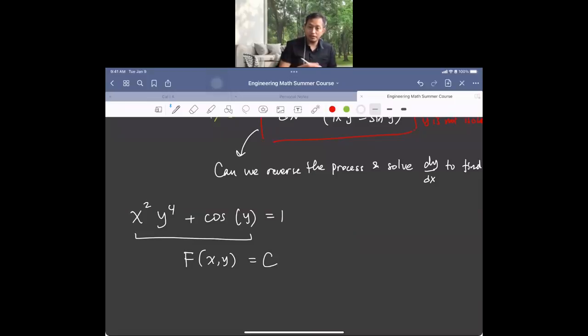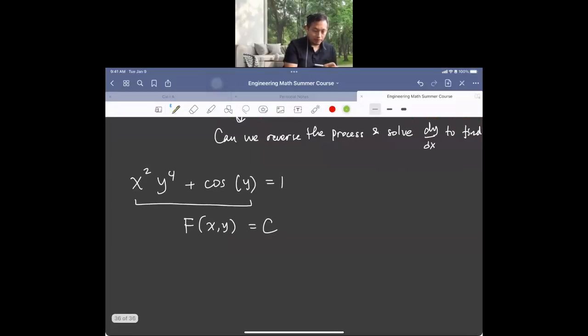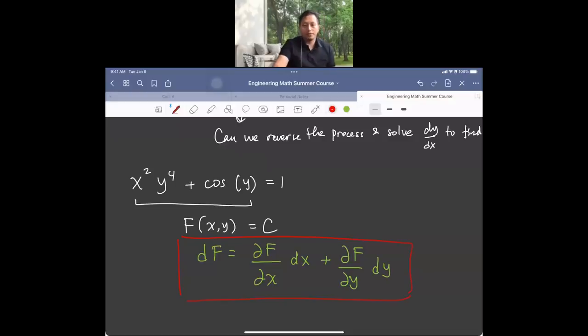So imagine, if you still remember how to do partial differentiation, then if we differentiate with partials, this df is dou f dou x dx plus dou f dou y dy. Okay, this is the big idea.